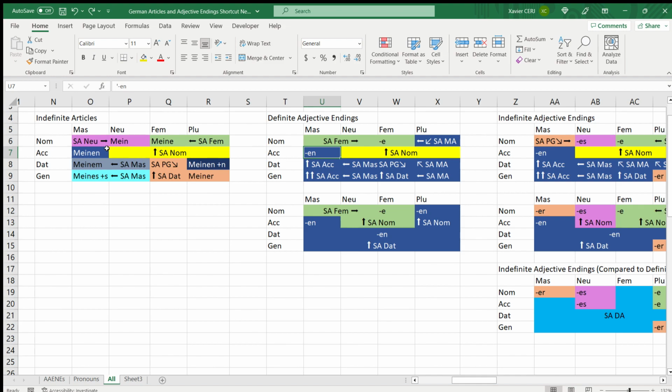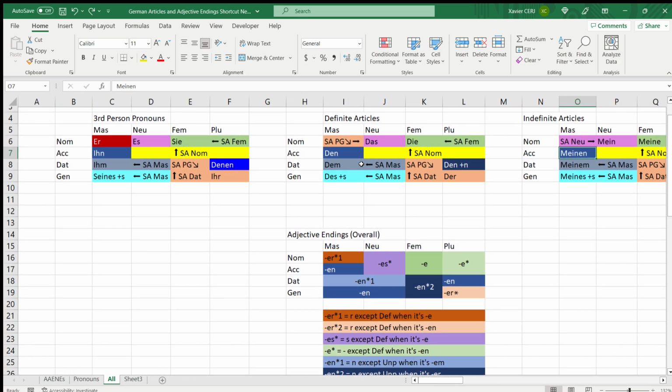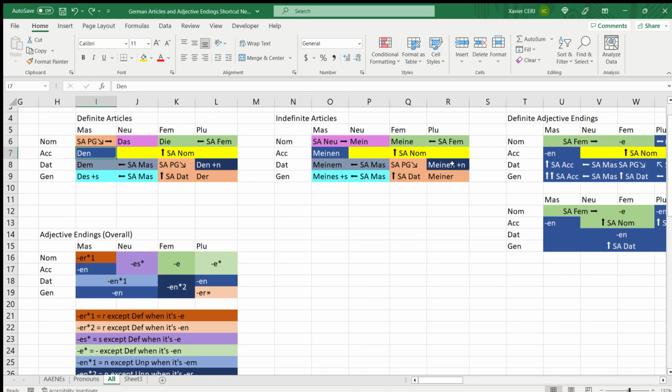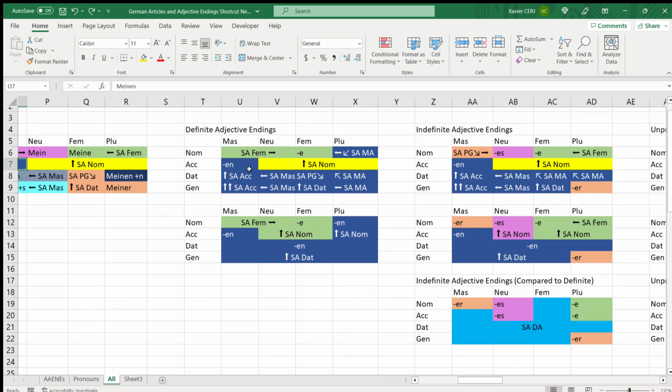It should be pretty obvious, because en is a staple of the masculine accusative. As you can see here, den and meinen both end with en. So I'm going to say that en is a property of the masculine accusative, and that anybody else that has that as the adjective ending is simply copying it from the masculine accusative.